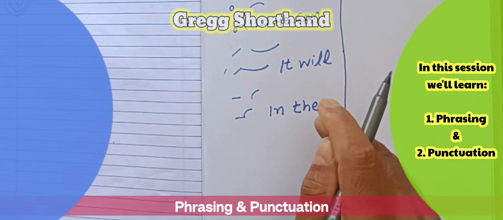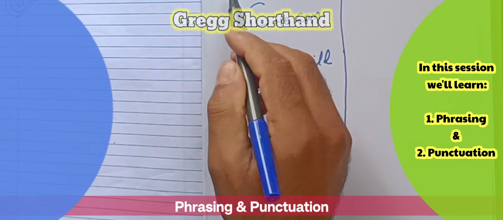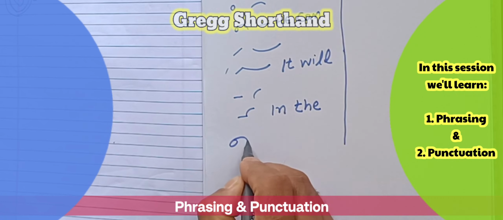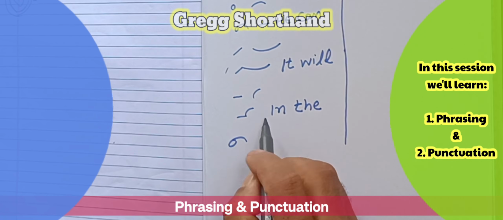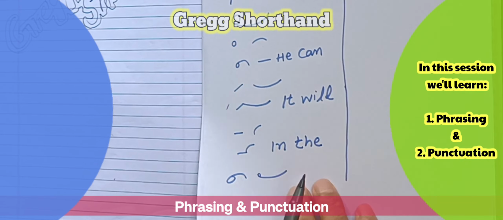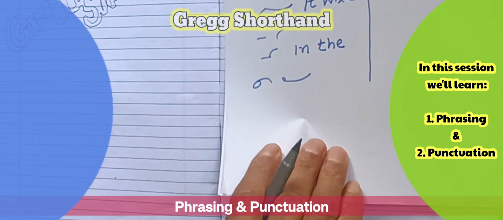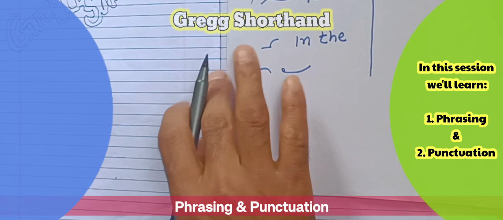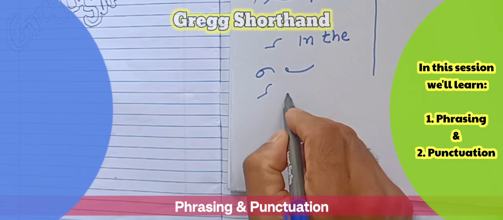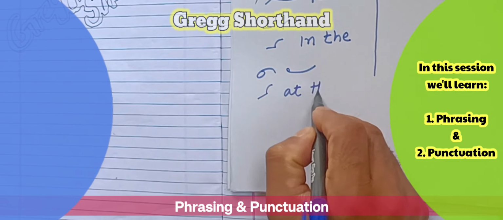We have more examples. For example, I can. This is I, this is can. This is he, this is will. In the same way, I can give you more examples. At the. This is at, this is the, so this becomes at the.